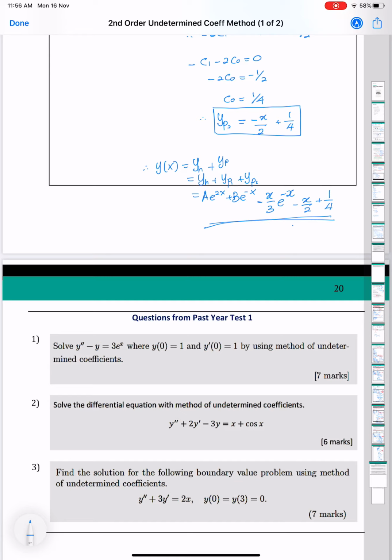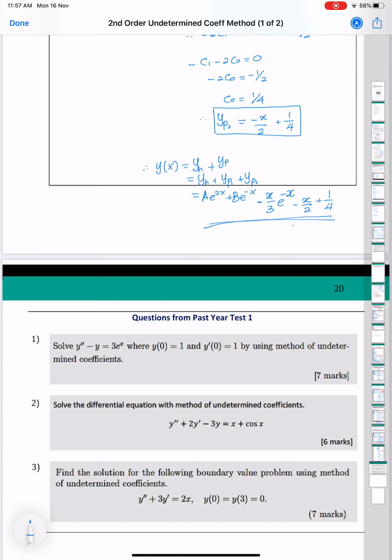Now we have already discussed all 4 cases of non-homogeneous second order linear differential equation. First we must find the homogeneous solution. For the homogeneous solution, we have 3 cases. The first one is distinct real roots, the second one is similar real roots, and the third one is complex conjugate roots. For the non-homogeneous, we want to find the particular solution, because our solution y is equal to yh plus yp.